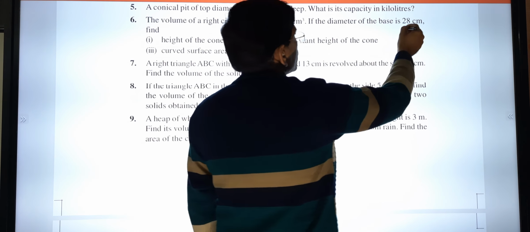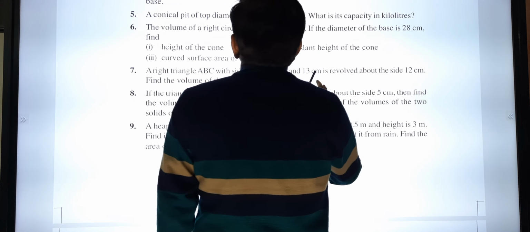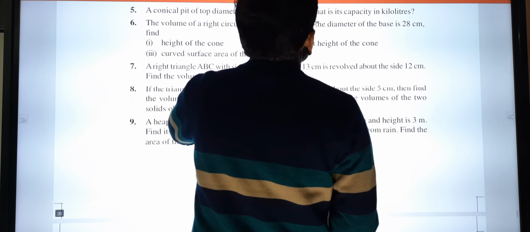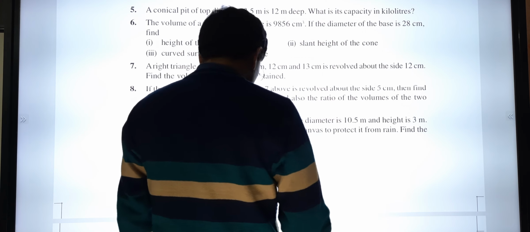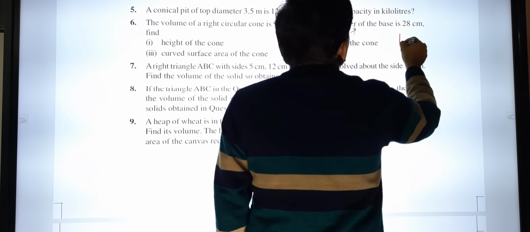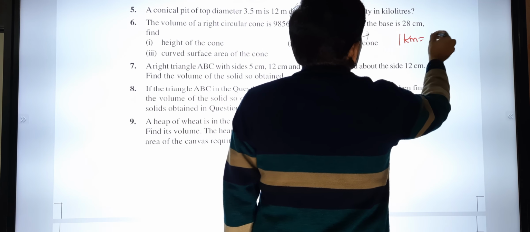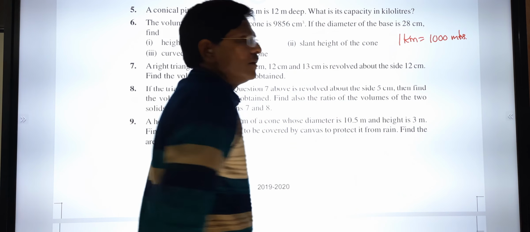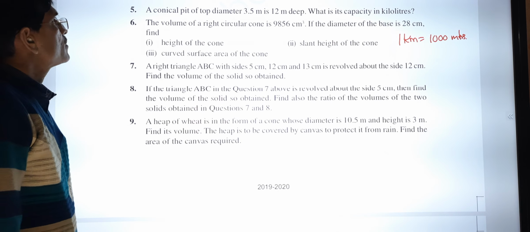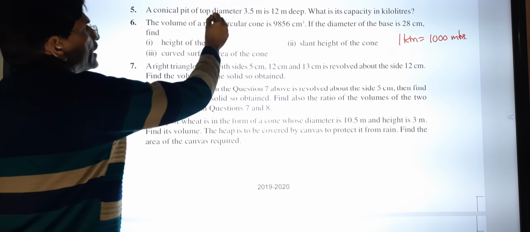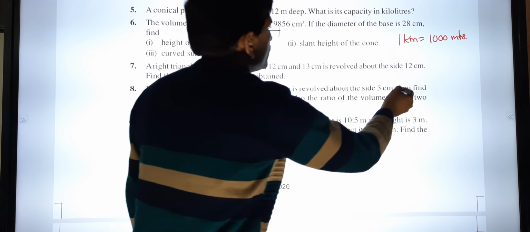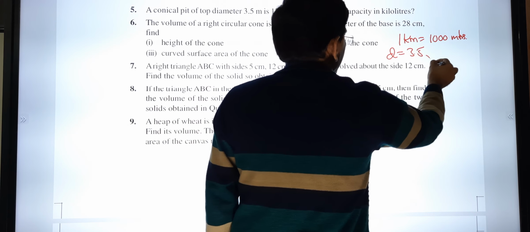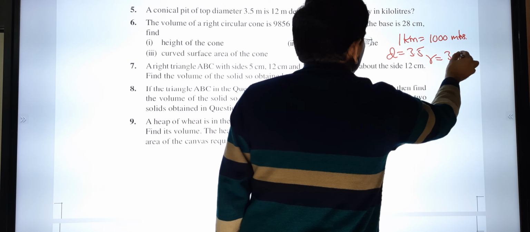So 1 kiloliter is equal to 1000 meter cube. Now the diameter is given, that is 3.5. So we can write the radius is equal to 3.5 by 2.